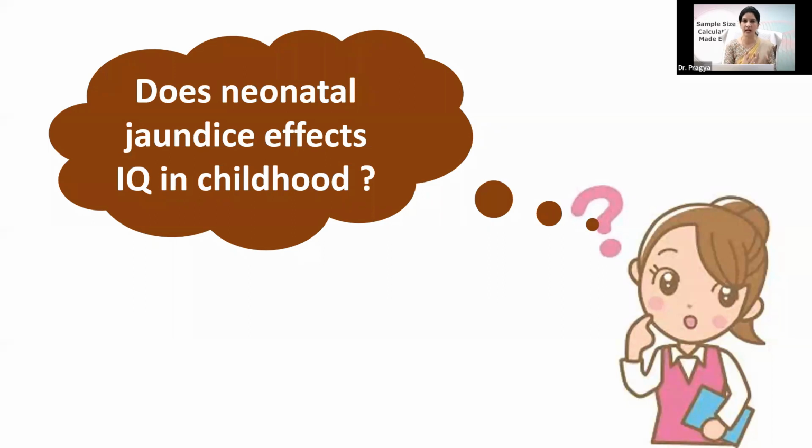If I have this hypothesis and I want to test it, there are various ways to do so. You have three options: a case control, a cross-sectional, or a cohort study. Just see this example.